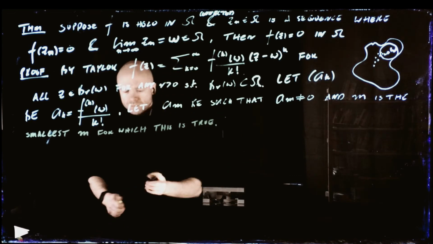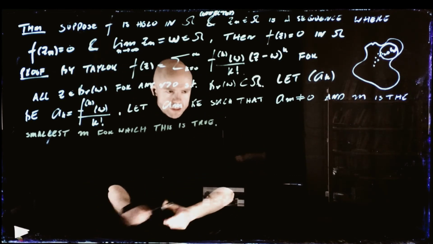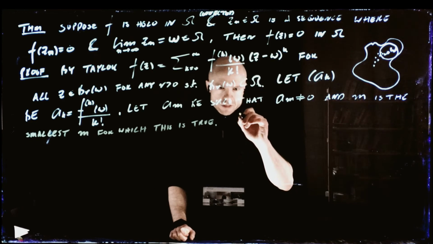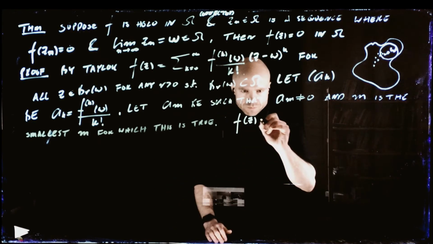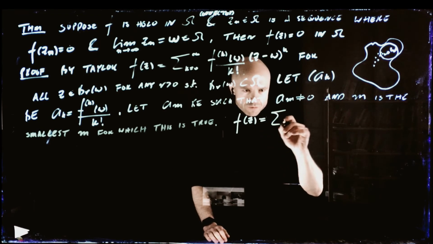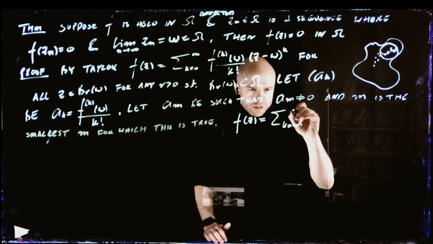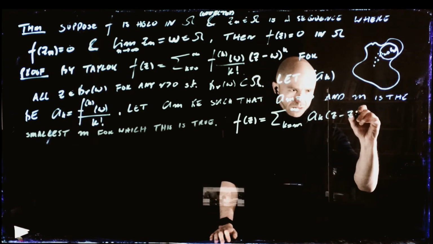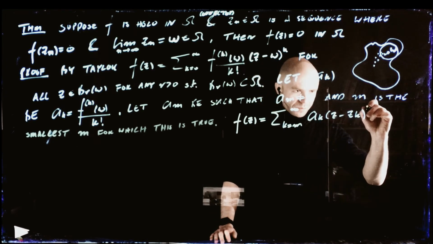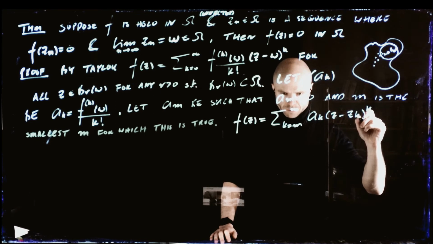Okay, cool. So that means that we can write a power series like this. f of z is equal to the sum from k equals m to infinity of a_k times (z minus w) to the k. Yeah?